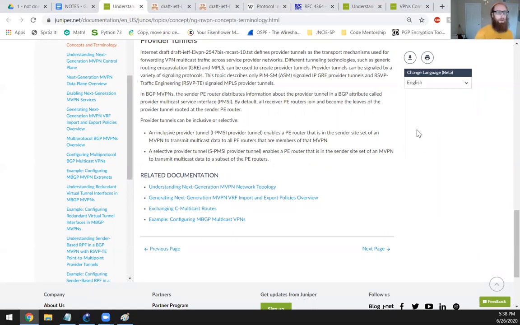In BGP MVPNs, the sender PE router distributes information about the provider tunnel in a BGP attribute called Provider Multicast Service Interface, PMSI. By default, all receiver PE routers join and become the leaves. What?